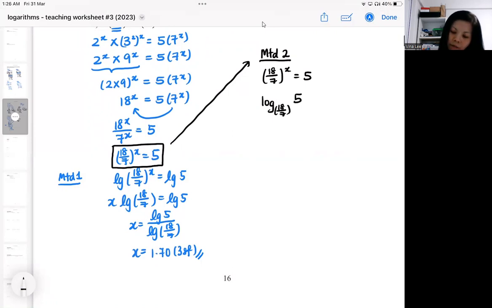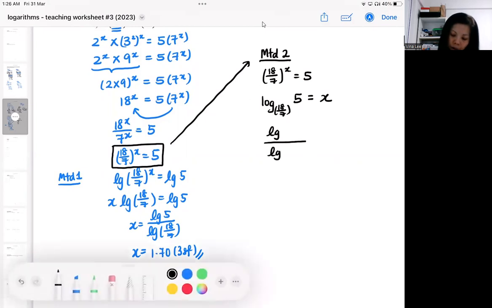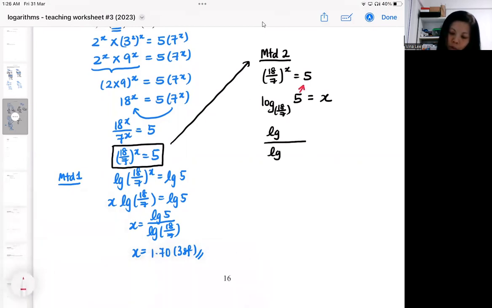And the answer is 5. And that is your x. Your x is in the power. So if you change to logarithm method, like method 2, this is what you are going to have. But you remember, we cannot press calculator for this part. So we cannot press calculator unless we change it to lg. So that will require the change of base where you do something like a heaven and earth.